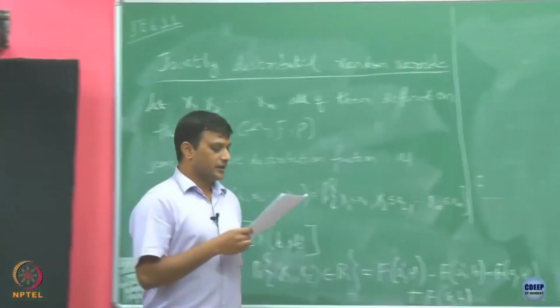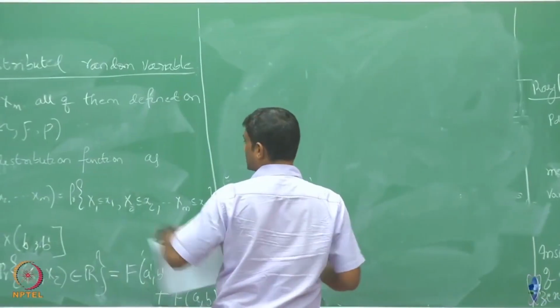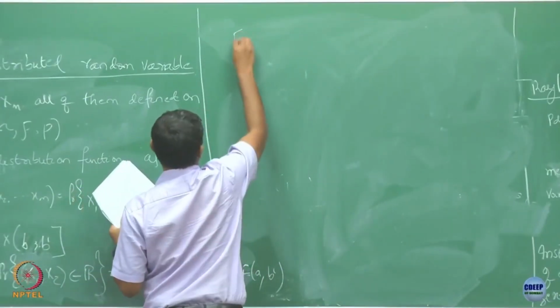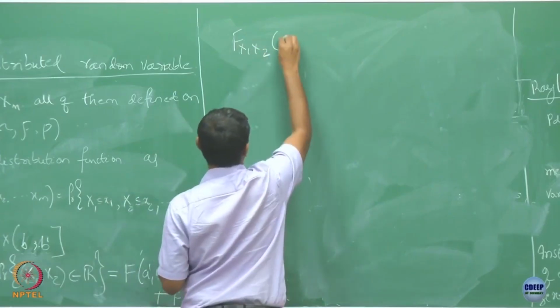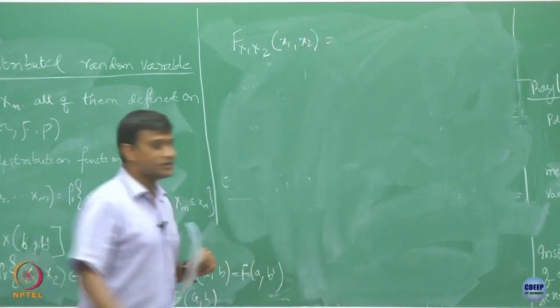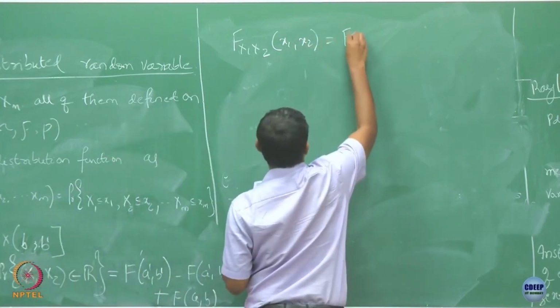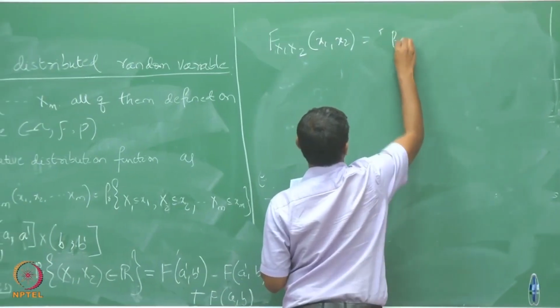Now, another thing: just for two random variables, I am going to write it as F of x1, x2.